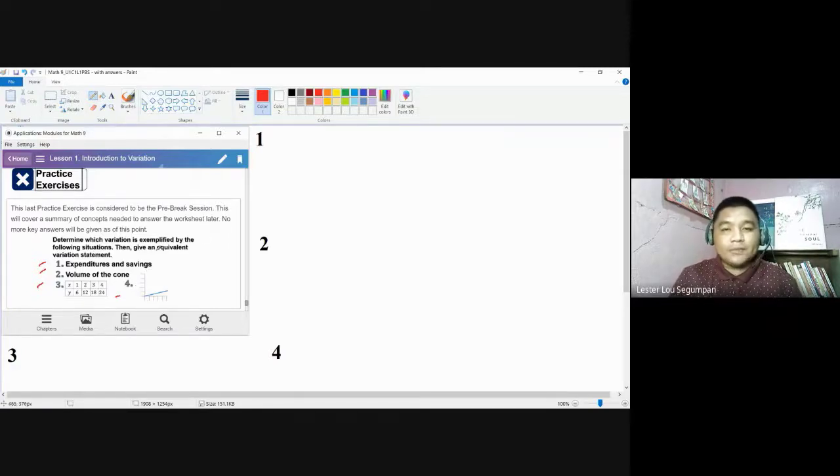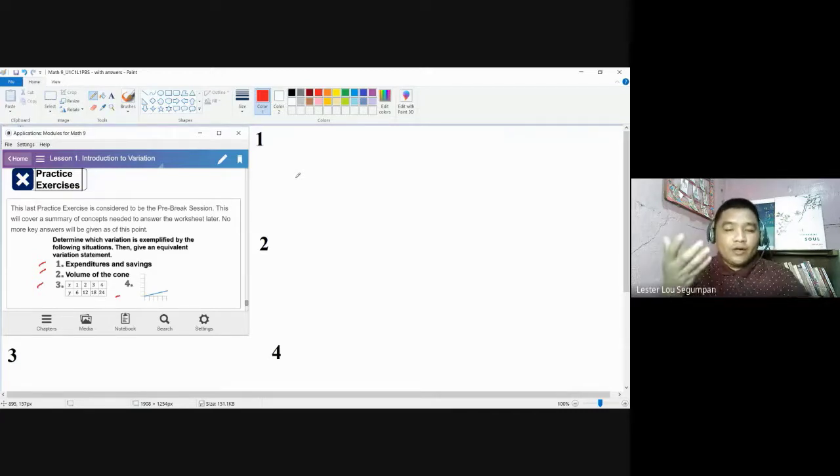So let's start with expenditures and savings. The other term for expenditures is expenses. If we talk about expenses and savings, generally, the more you spend, the less savings you have. Generally, we're talking about what is commonly happening. And if we spend less, we have a greater chance of having better savings.